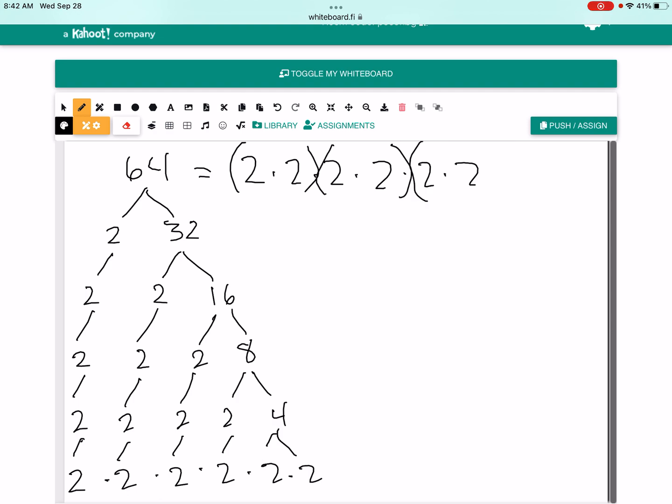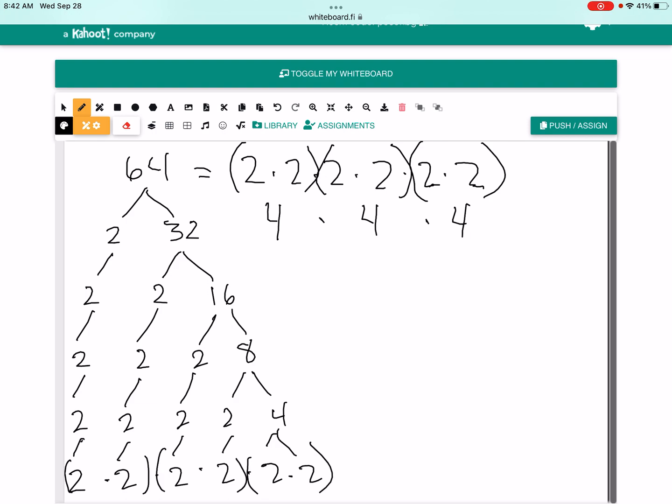So we're looking for 3 sets of factors that when multiplied will equal 64, and they've got to be identical. So in this case, we have 2 times 2 is 4, 2 times 2 is 4, 2 times 2 is 4. And you see those 3 sets of factors here, okay?